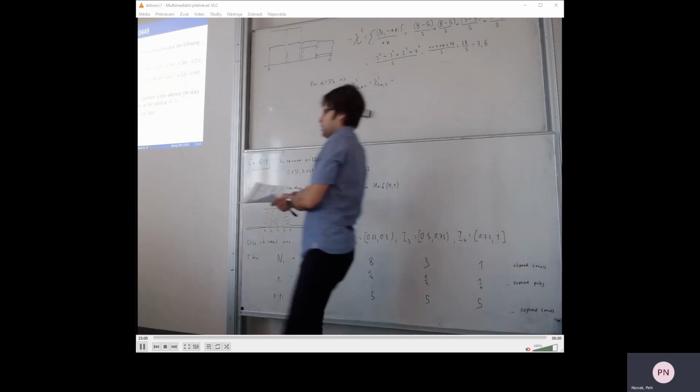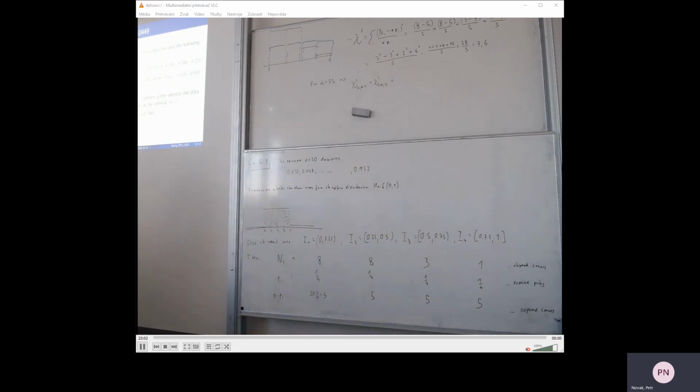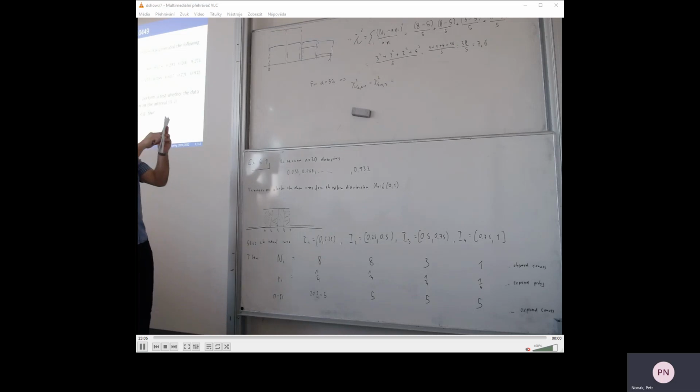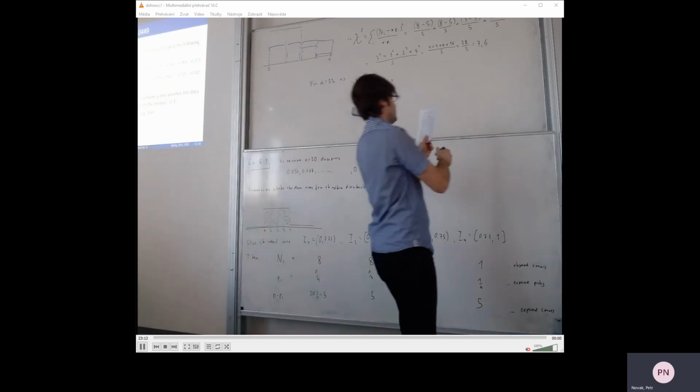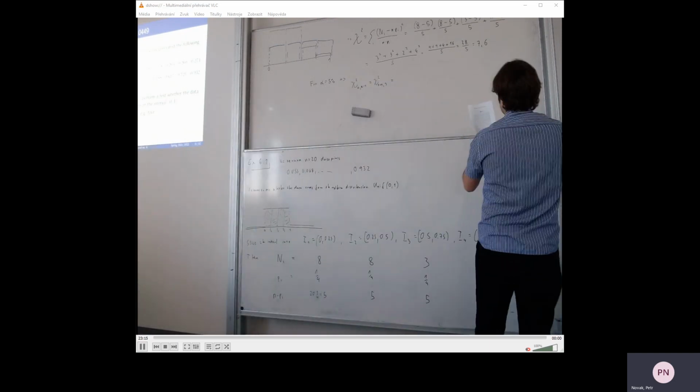We take a look into the tables. 3 degrees of freedom for the chi-square is here, third row, and the critical value for 0.05 is 7.815.